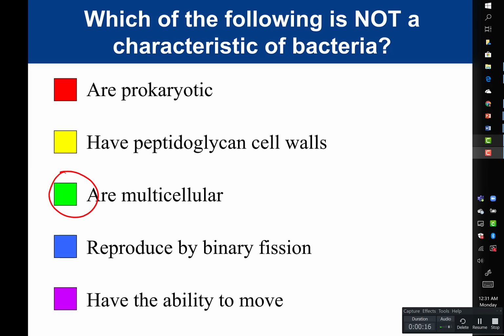They have peptidoglycan, usually, in their cell walls. They can reproduce by binary fission, which again is an asexual type of reproduction. And they have the ability to move. Do they all move? No, they're not all motile, but they do as a group have the ability to move.